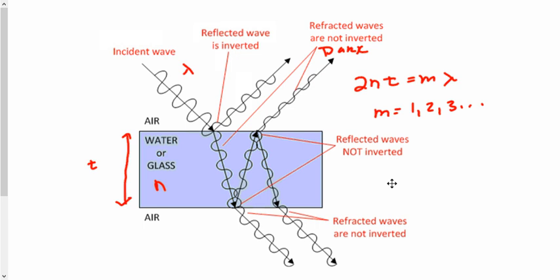But what about brights? Well, the same equation, 2nt equals m lambda, will produce brights if we have a greater index of refraction here and greater here also on either side of this. Let's say we have some kind of oil on either side of this, and the oil has a greater index of refraction here versus there.